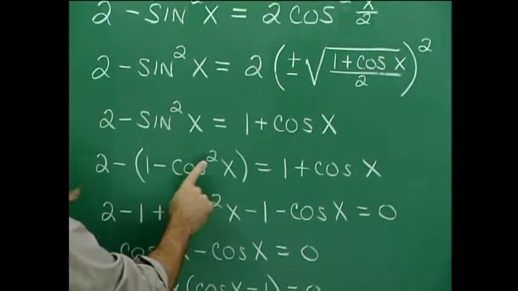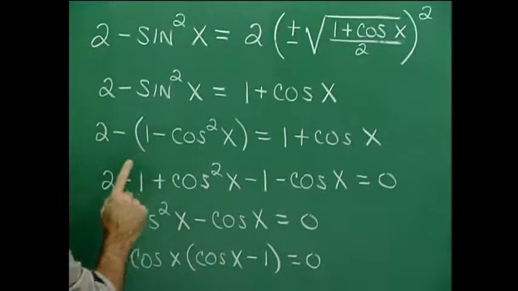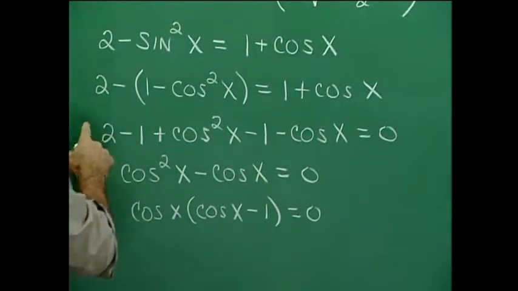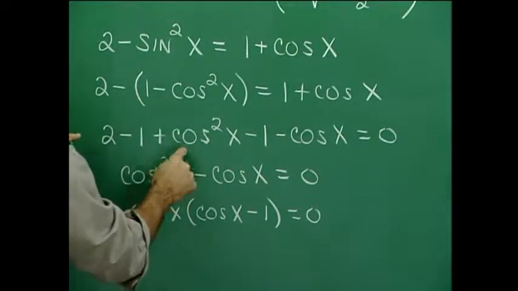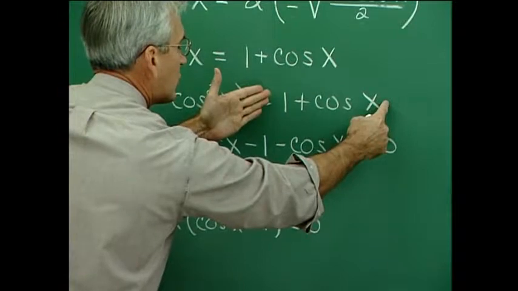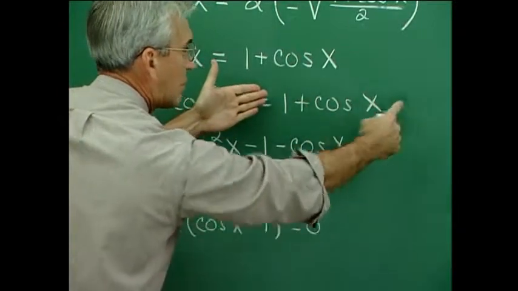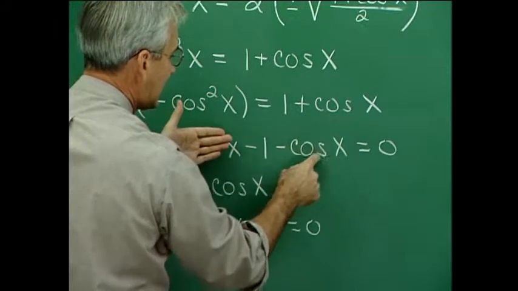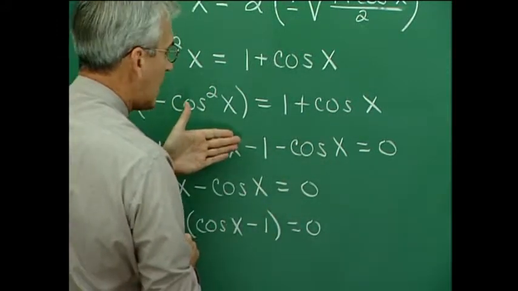We're noticing right away, though, that we have a quadratic situation, so we're probably going to solve by factoring. At any rate, we have minus 1 plus cosine squared x. And then I'm also clearing these terms from the right side. So I'm subtracting 1 on both sides, and I'm subtracting cosine x on both sides to accomplish that.